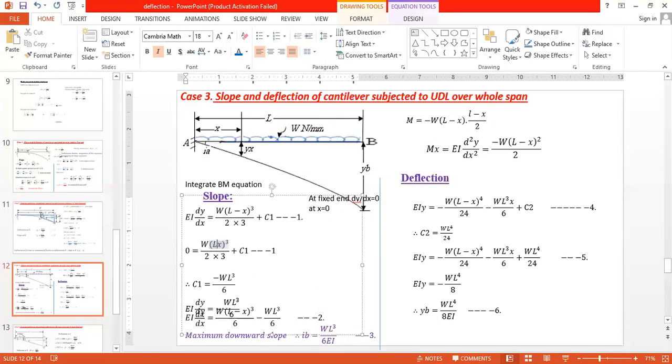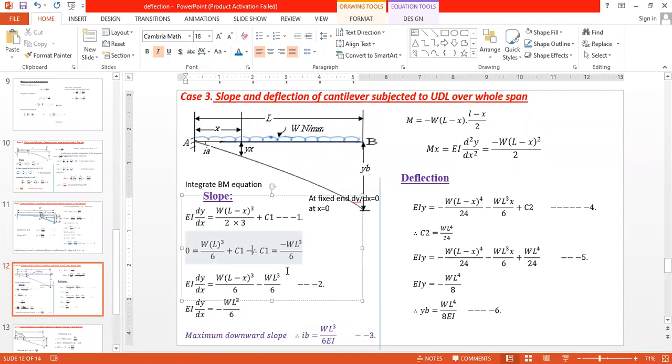Therefore here x is 0, it becomes wL cube divided by 6 plus c1, and that equals 0. So wL cube divided by 6 is equal to c1, or therefore c1 equals minus wL cube divided by 6.